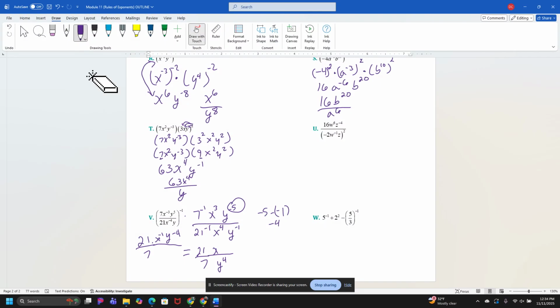So those need to be up there with the 21. So this should be x, y to the 4th, and 21 divided by 7 is just 3. Excuse me, I tried to skip one of those intermediate steps and it caused me a dilemma. So I recommend working through those intermediate steps as you begin.